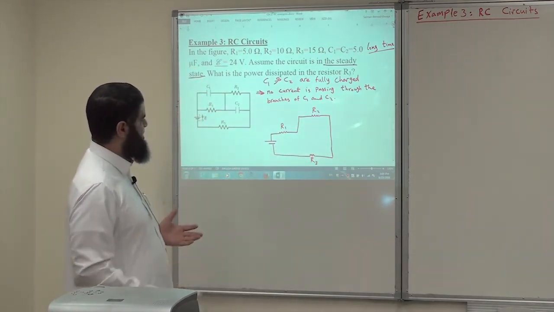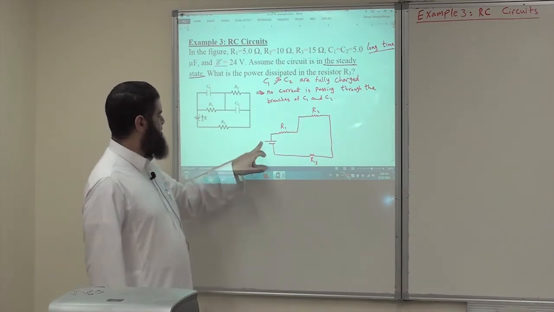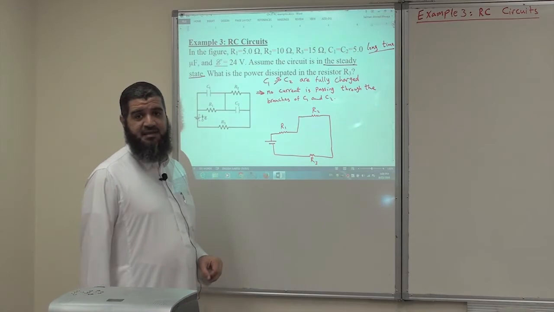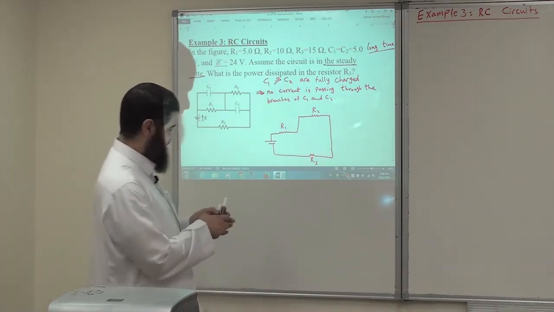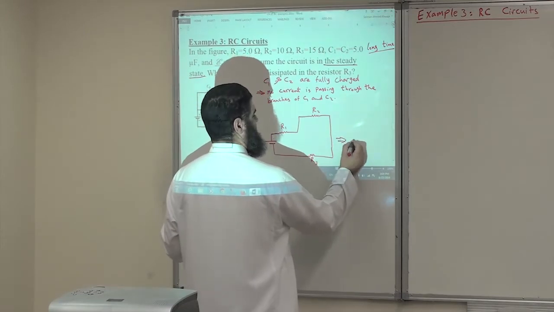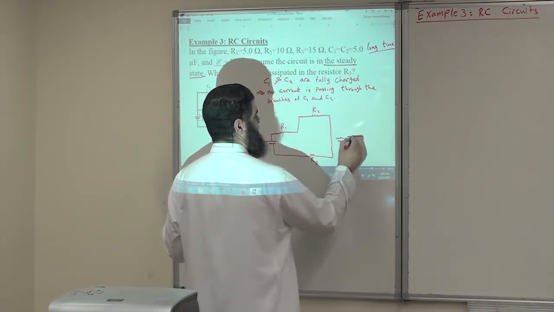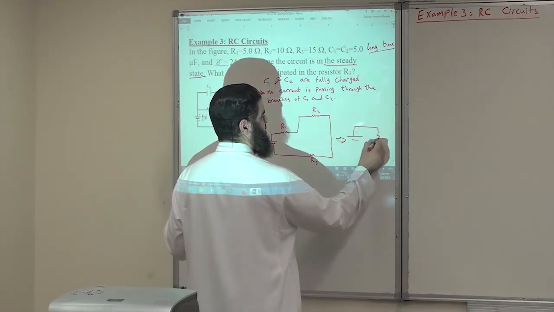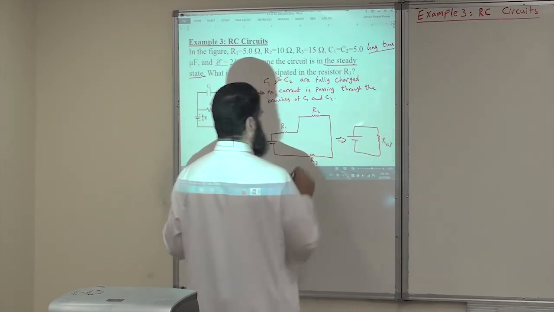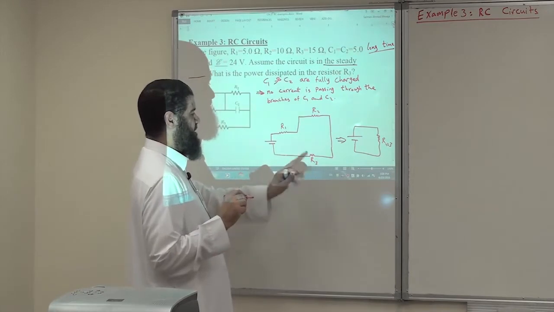What do you notice here, my son? That we have the EMF connected with R1, R2, R3 in series. So this can be reduced to the following. We have the battery connected with one resistor, which is R123, the equivalent of R1, R2, R3.